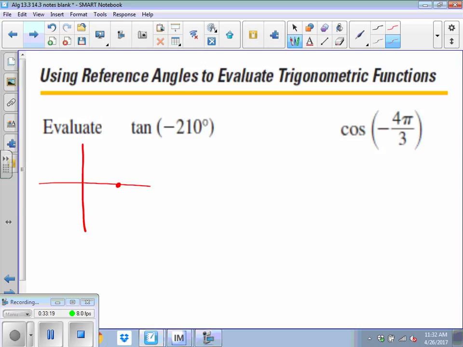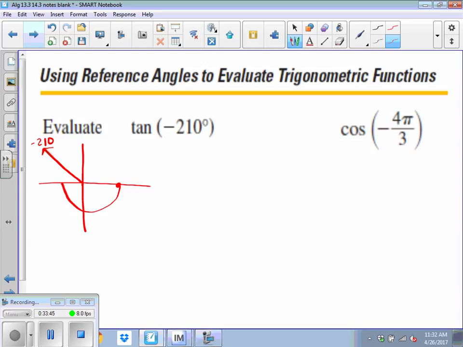Do I go up or down? Down. So this is 90, negative 90, negative 180. If I go all the way here, it's negative what? So I can't go that far, right? So this is negative 210. So you see where I am? I'm in that second quadrant, right?